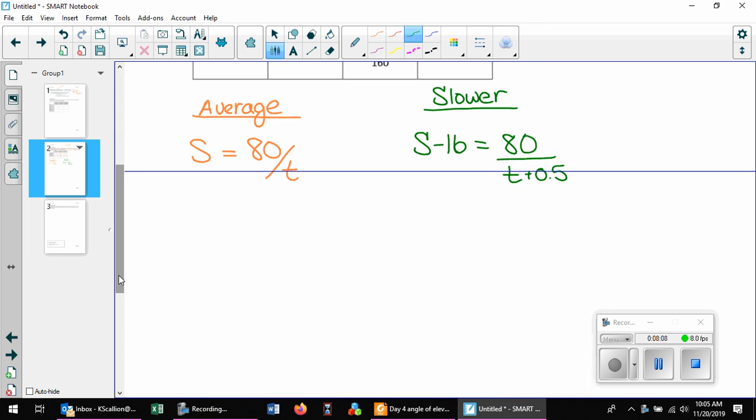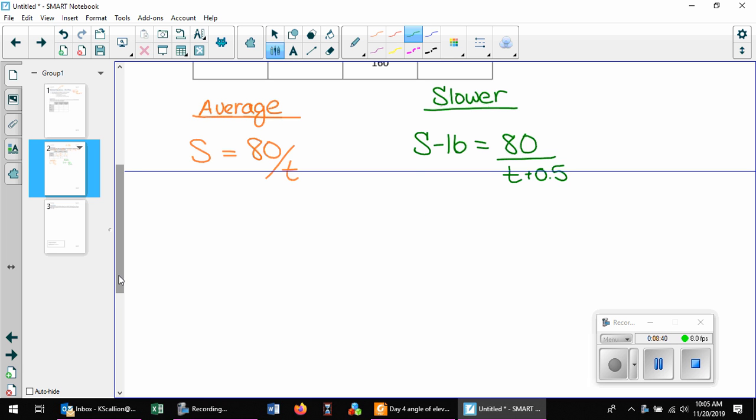Okay. So I have two equations. I have my orange equation and my green equation. All right. So now I'm going to set them equal to the same variable. Okay, so you want to set them equal to S. You can do it to T if you want, but I think there's more rearranging if you set it equal to T. So what I'm going to do is this is already set equal to S. So we're going to set it equal to the same variable.